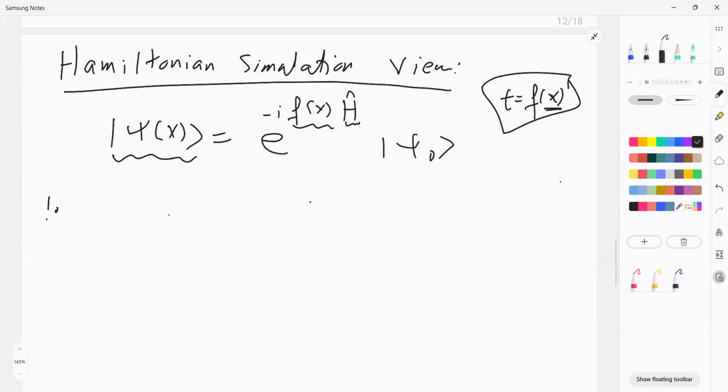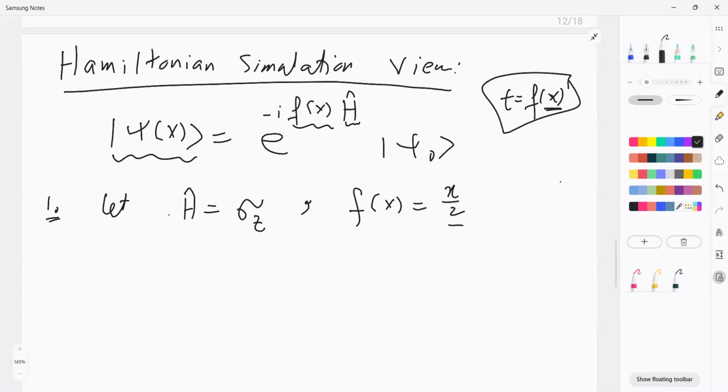Number one, let's take the simplest case, and take the Hamiltonian as a single qubit operator, let's say the Pauli Z operator. It's a sigma Z operator or Z gate. And then let's take f of x as just x by 2, where x is some feature. So this is a single qubit operator.